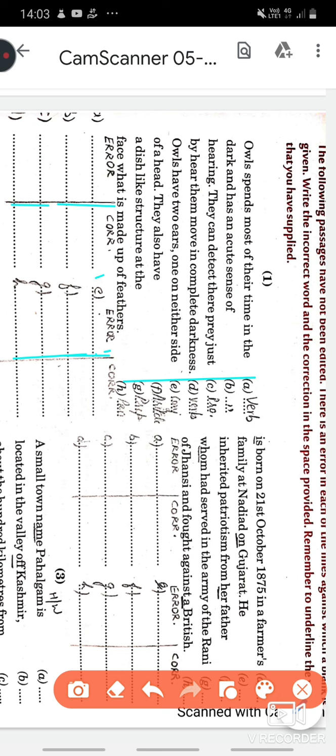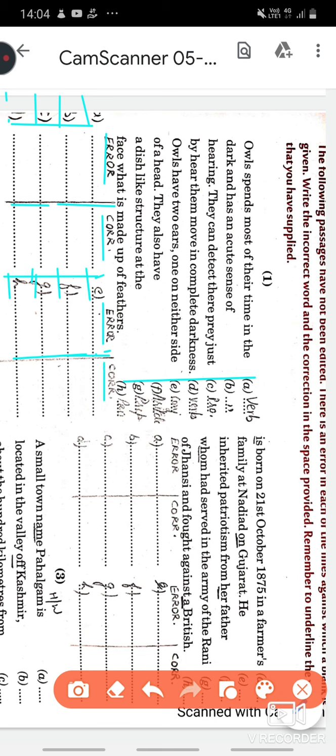We will mention this A, B, C, D, E, F, G, H order for our answers as well. Along with this A, B, C, D order, we have to mention one side error and the other side correction. Again, for E, F, G, H parts, you will mention error and correction.